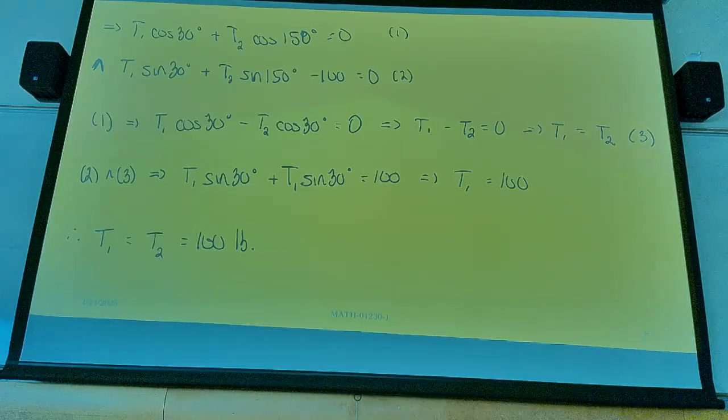Because I rewrote sine of 150 as sine of 30. And T2 and T1 have to be the same. So sine of 30 and sine of 150 are the same? Yes, using reference angles. 30 degrees is the reference angle for 150 degrees. Sine is positive in quadrant 2. So sine of 150 degrees has to be sine of 30 degrees.